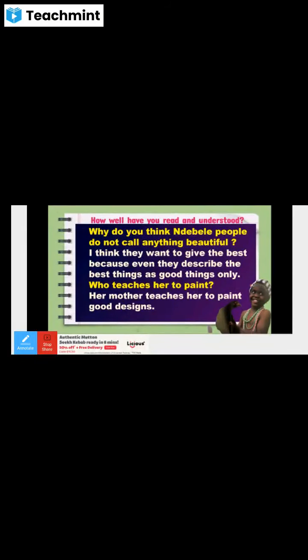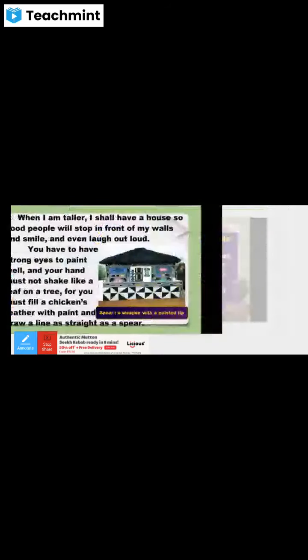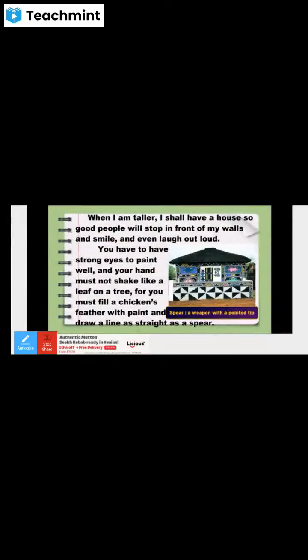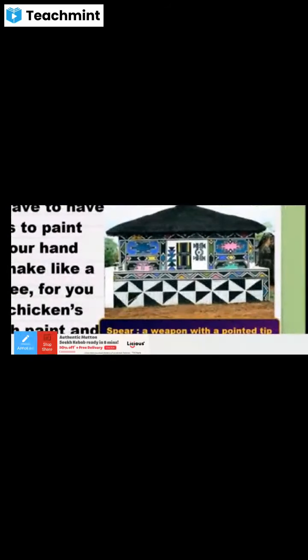So who teaches her to paint? Her mother teaches her to paint good designs. So this is the good design house, a good painting on this house.